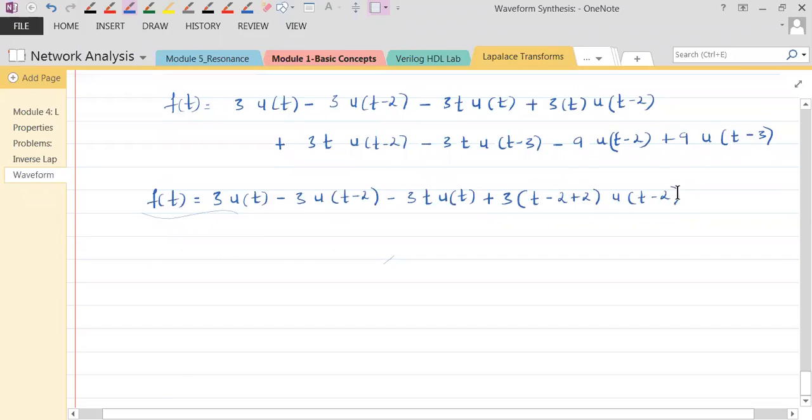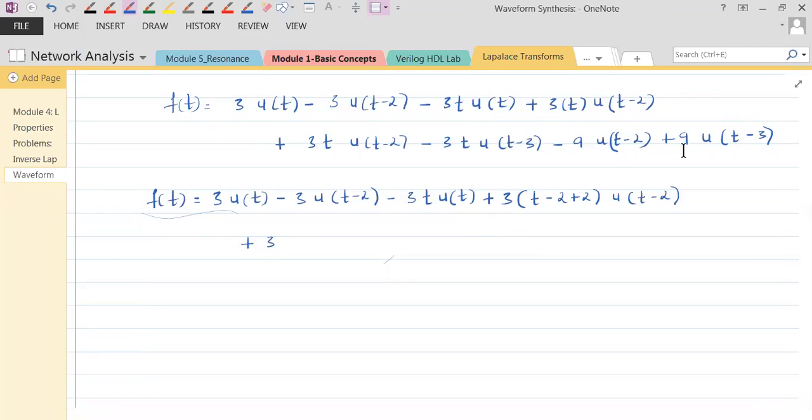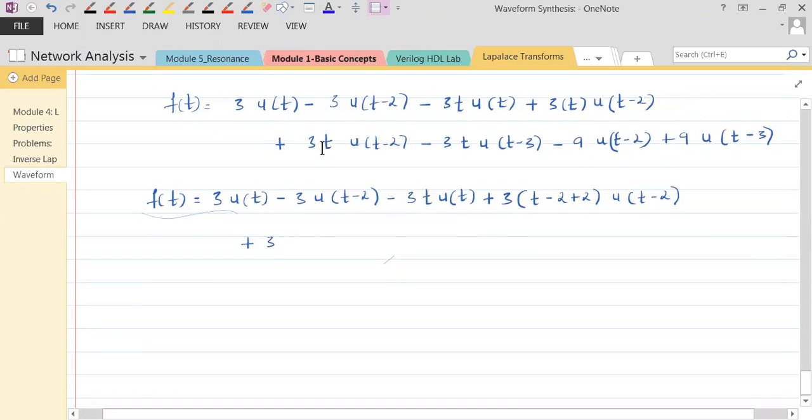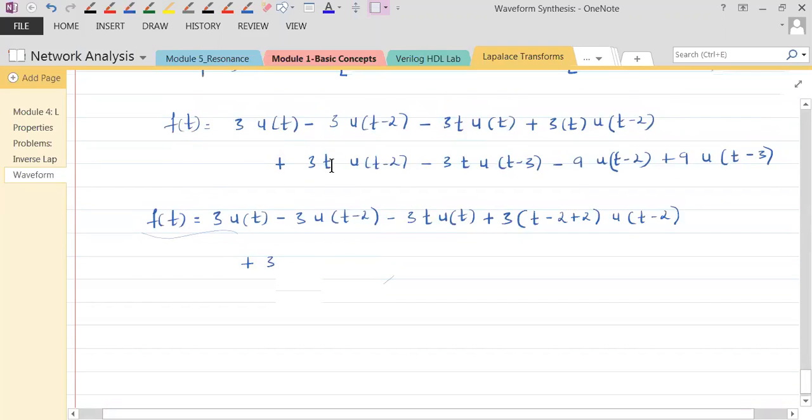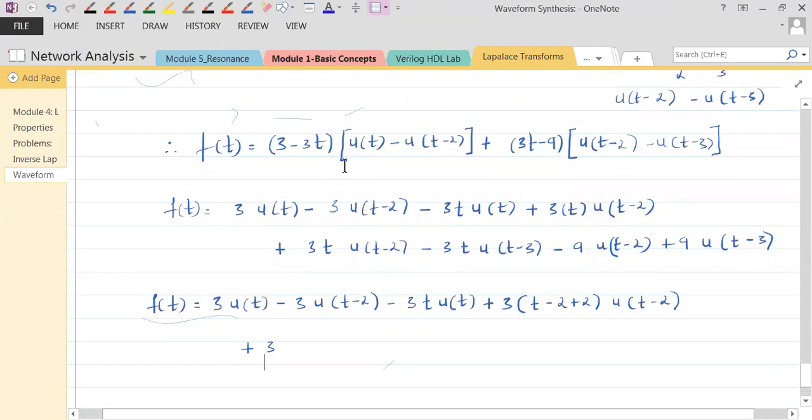Okay, then let's come here. Plus 3. There are two such terms, right? See here, you have 3t into u(t-2), and again you have 3t into u(t-2). Is that right, or did I make a mistake somewhere?